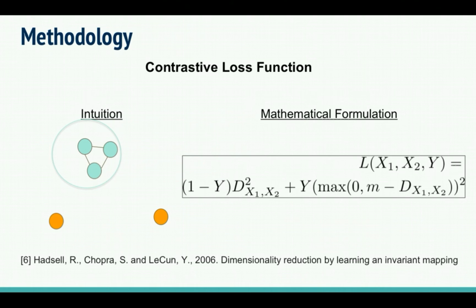So we can see that if the distance is less than or equal to the margin of the circle of influence, then the loss function will try to maximize this distance in order to minimize the loss. And if this distance is greater than the circle of influence, in that case the neural net will do nothing.